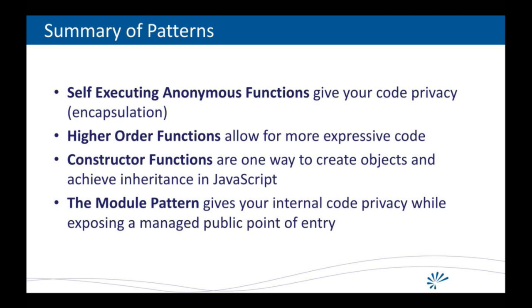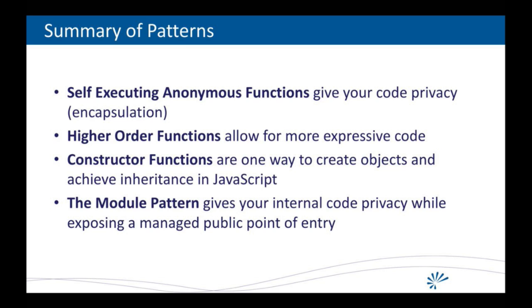I wanted to summarize all of those patterns that we looked at. Just because there's a lot there, you won't understand all of them right away, but this is a good reference point to dig deeper. So we talked about self-executing anonymous functions and how that's a way to encapsulate your code and give it privacy. We talked about higher order functions and how it allows for more expressive code. It's less imperative, less loops.